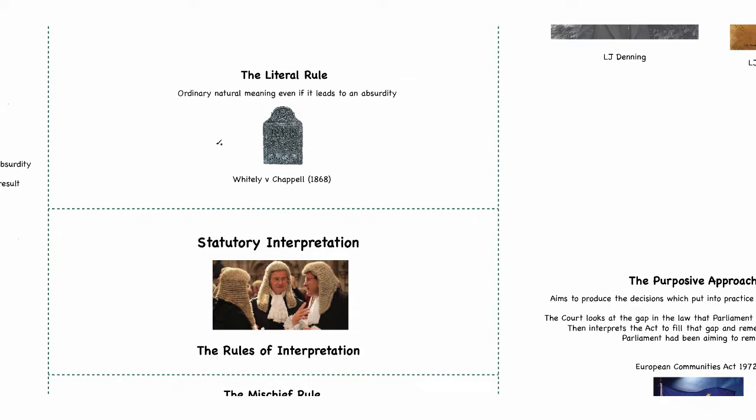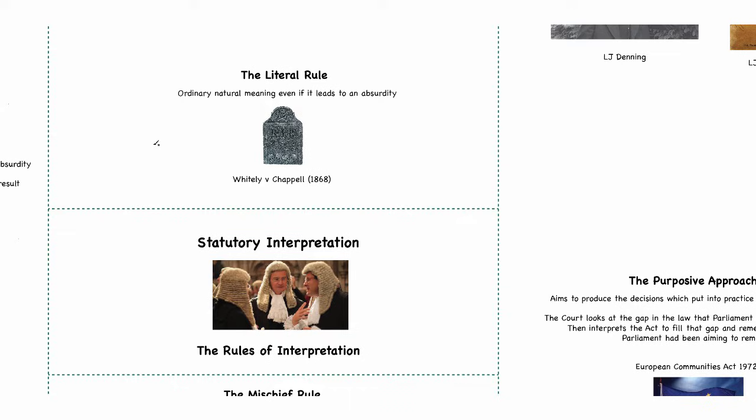And remember, there are some key rules. Just to put them in context, the rules of interpretation are a guide for judges as to how they should go about interpreting what Parliament meant in statute. And there is a list and a set order. You'll recall from the last video that judges will always start using the literal rule.